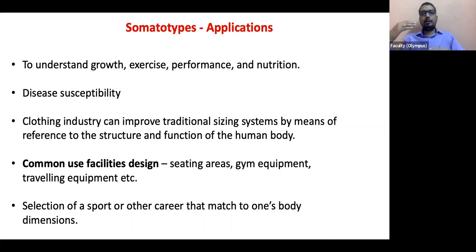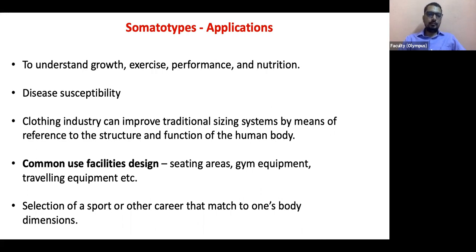People who are endomorphic in nature, who have more fat, tend to have a higher risk towards cardiovascular problems. Whereas people who are really thin and lean, probably without proper nourishment, are more prone to infectious diseases like TB. Disease susceptibility can also be learned or connected through the somatotyping process.